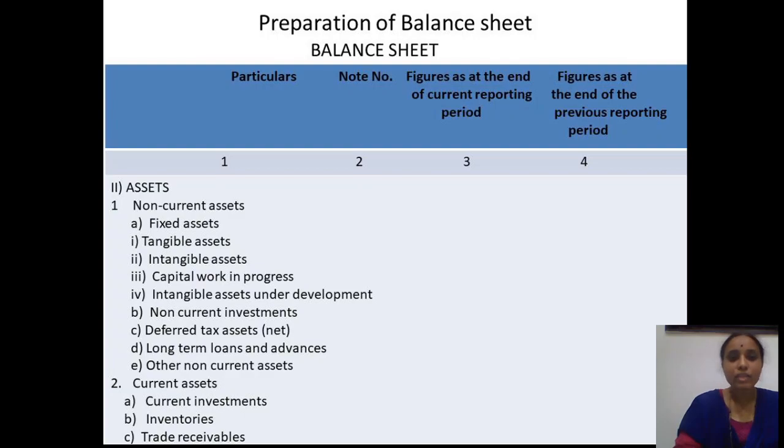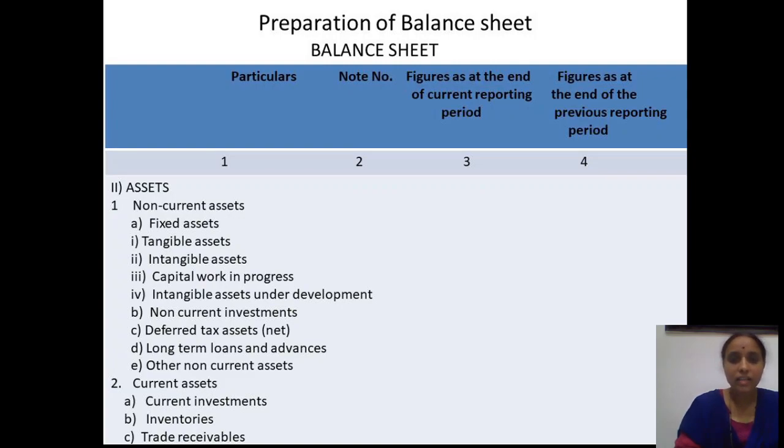Intangible assets, such as goodwill, cannot be seen, touched or felt. Then capital work in progress and intangible assets under development you are going to take here. Then non-current investments, deferred tax assets, long-term loans and advances, and other non-current assets.